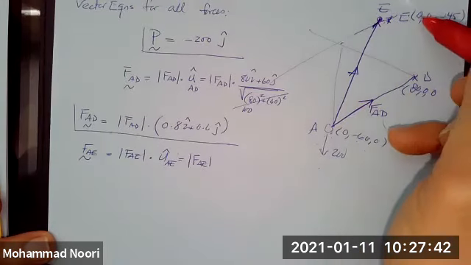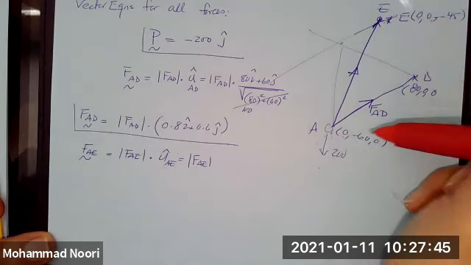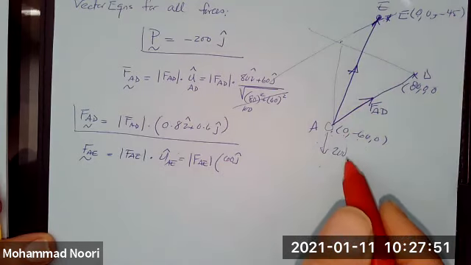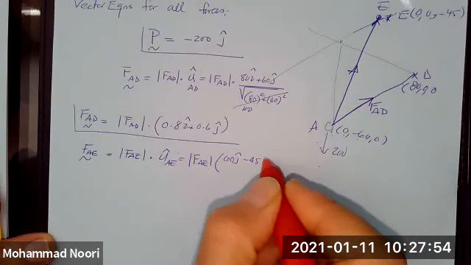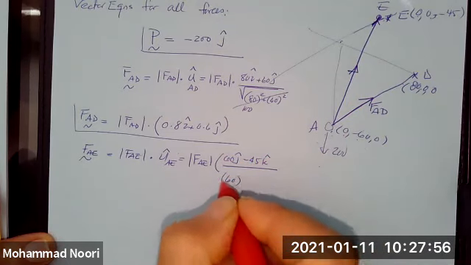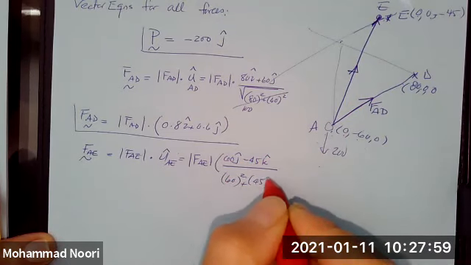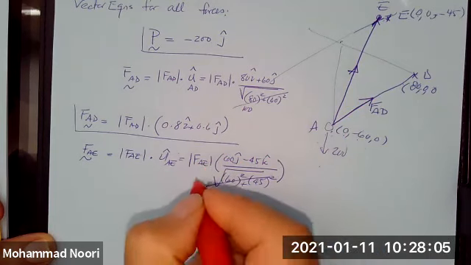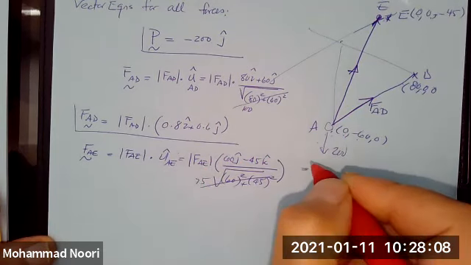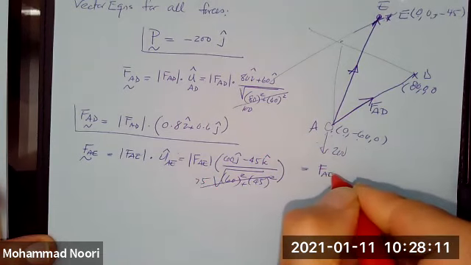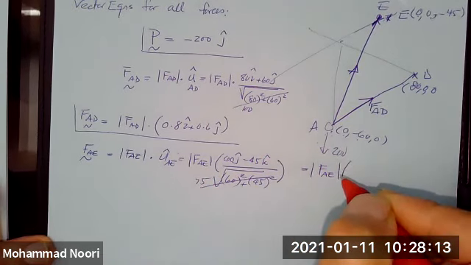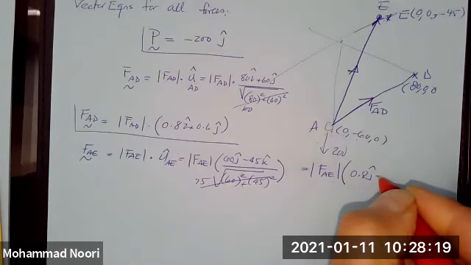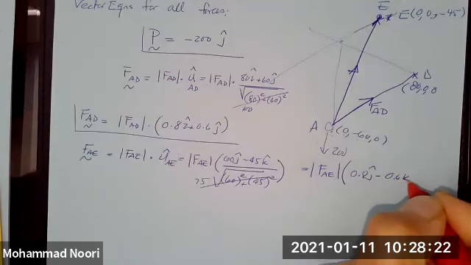Tip minus tail. 0 minus 0, 0 minus minus 60 would be 60 J, negative 45 minus 0, negative 45 K, divided by the square root of 60 squared plus 45 squared. Simplify that, this is 75. So this will result in force of AE times 0.8 J minus 0.6 K.